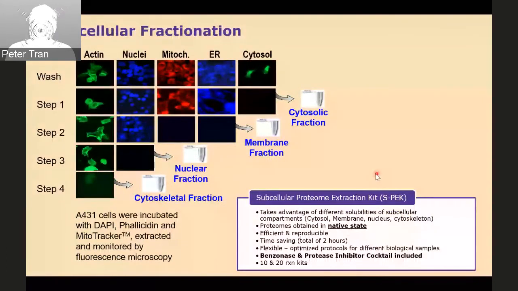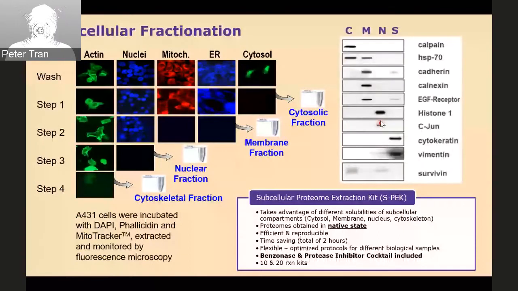So you can grow the cells and then use the first lysis condition to extract the cytosolic fraction, and then the next step collects the membrane fraction, and then the nuclear fraction and cytoskeleton fraction. And then you can analyze by IFA, immunofluorescence assay, or by Western blotting using a positive control for each fraction, right? So this is the standard procedure for fractionation.